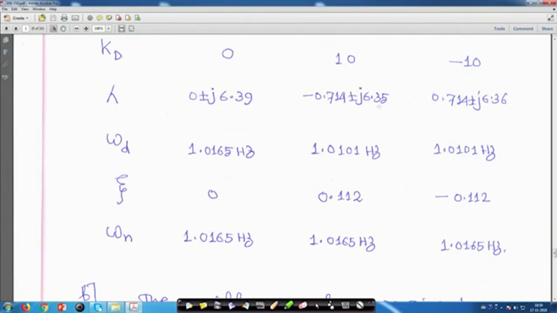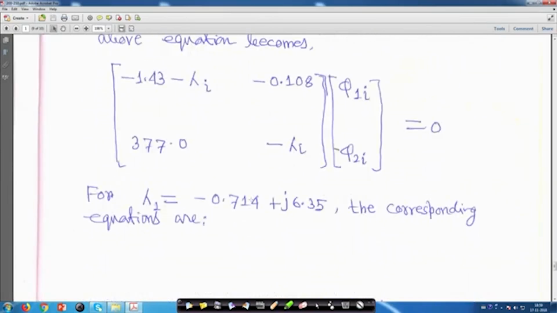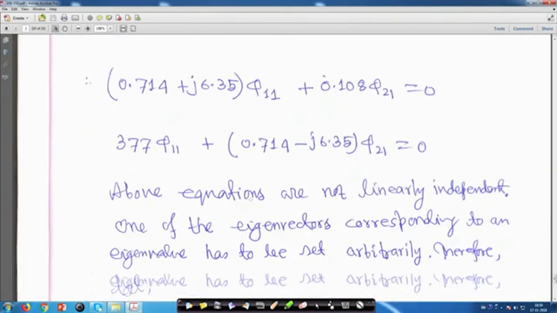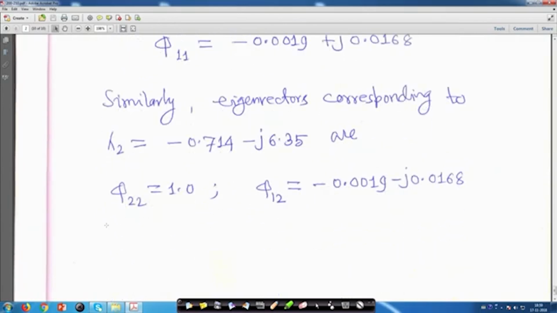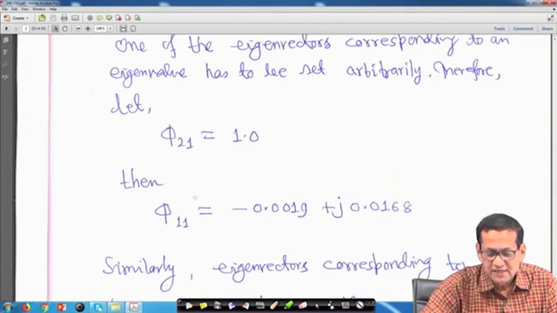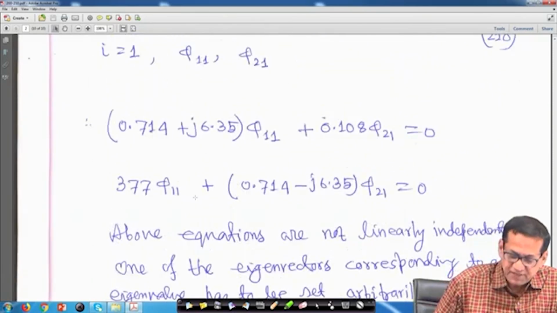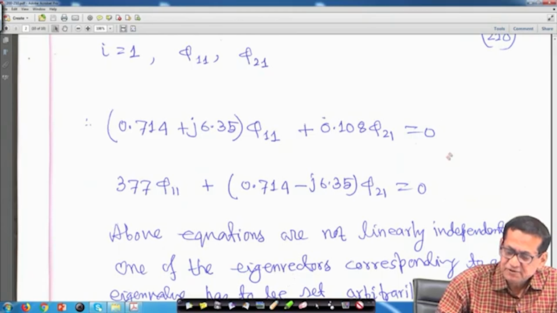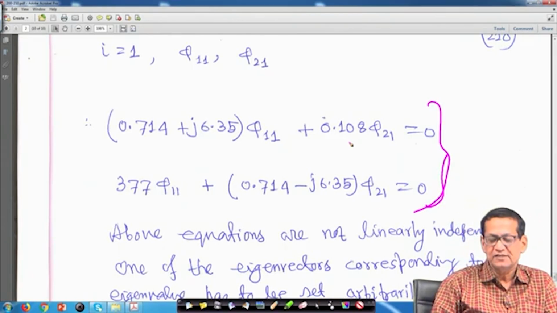The previous one was plus j 6.35, this is minus j 6.35. You substitute, and please write the other two equations in terms of 2 1 and 2 2.